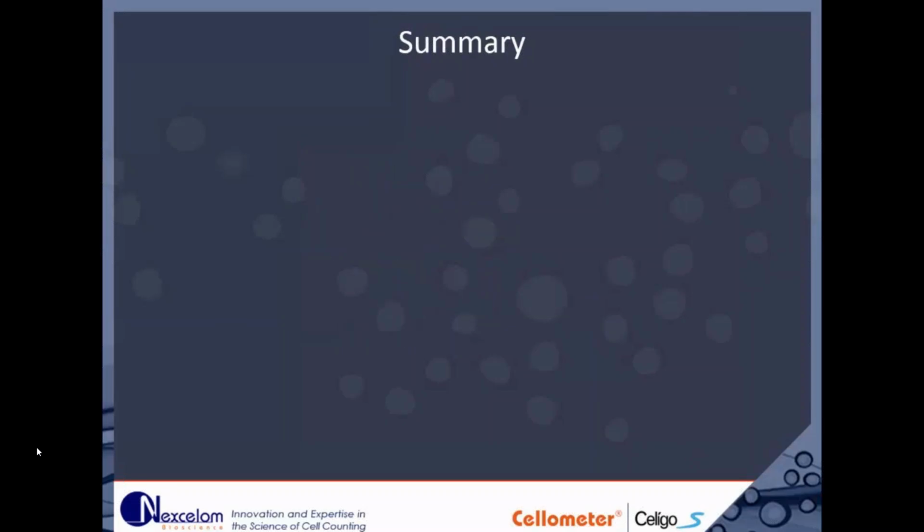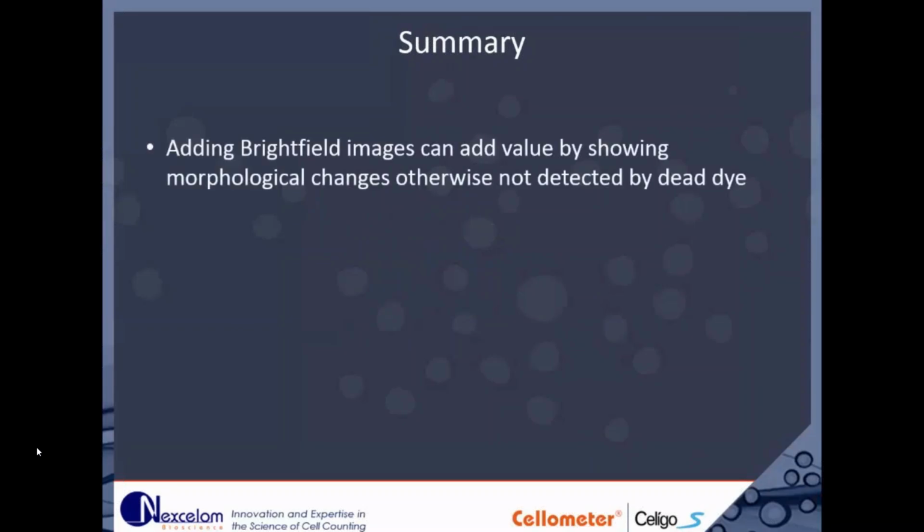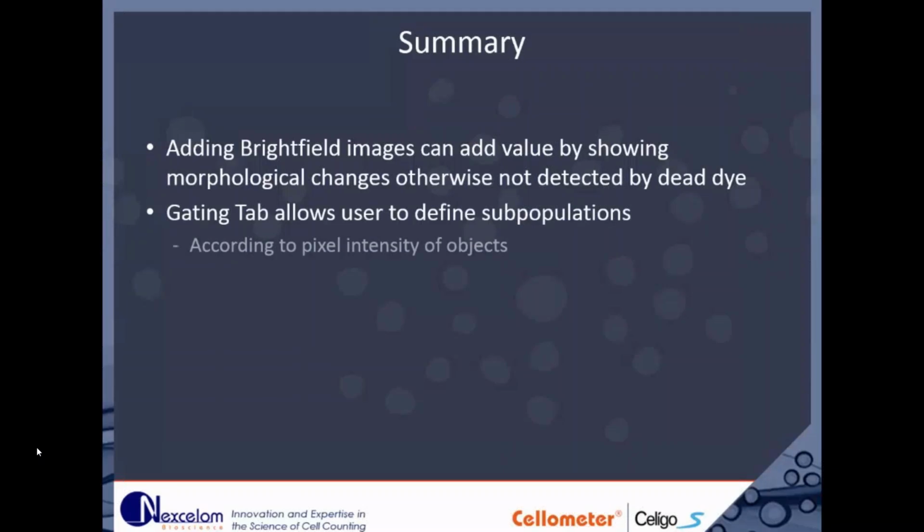Today it was for the red staining in the red channel for PI for dead cells, but you can also use the bright field image to add value about the morphological changes that happen to your cells before they die. I found this to be more interesting from our customers' perspective. I'll teach them initially the 2-channel application, but when they see the added value of a 3-channel with the bright field, they end up going with that one as well.